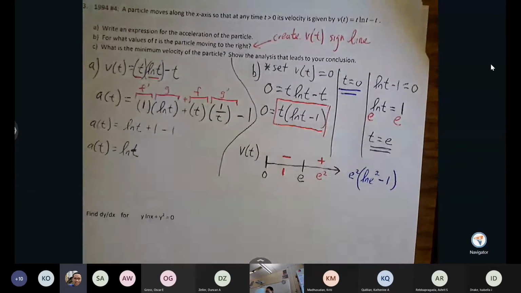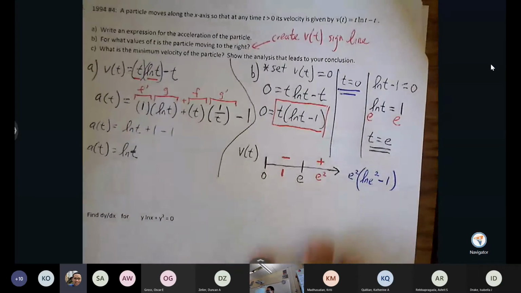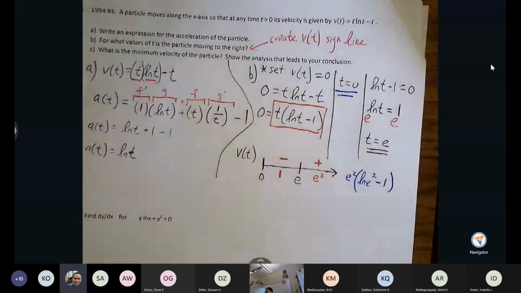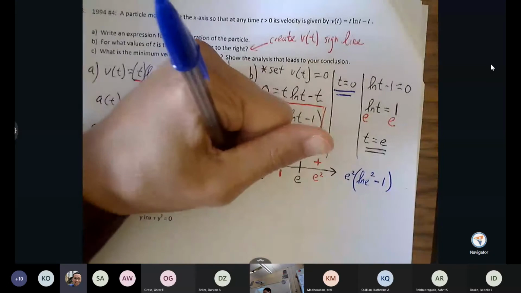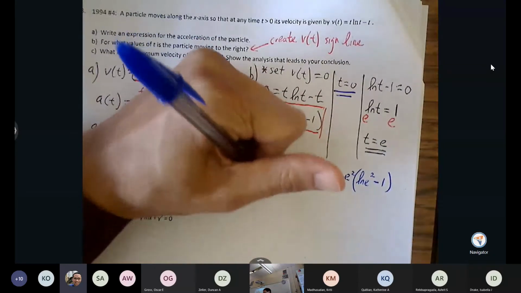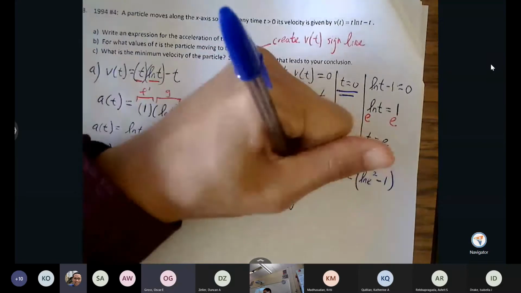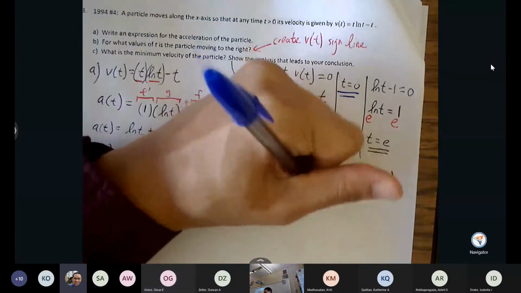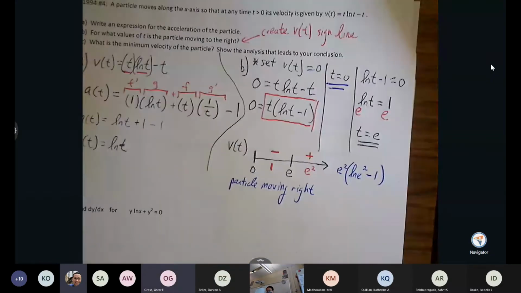Okay. So we can answer our question now, right? Everything that we need is from the sign line. For what values of t is the particle moving to the right? Everything greater than e. Yeah, so you can say t is greater than e.